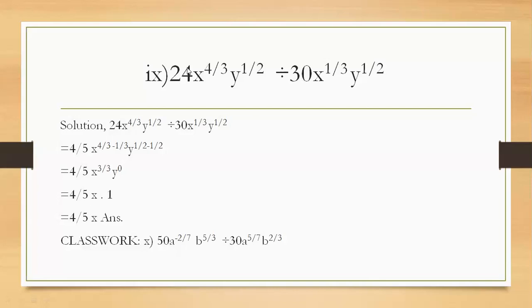You have to cancel by 6; 6 4s are 24 and 6 5s are 30. And for x to the power 4 by 3, from 4 by 3 we have to subtract 1 by 3 because the base is the same. Power is subtracted. And y to the power 1 by 2 minus 1 by 2, the power subtracted gives y to the power 0, and y to the power 0 means 1. And here remains only 4 by 5 into x.